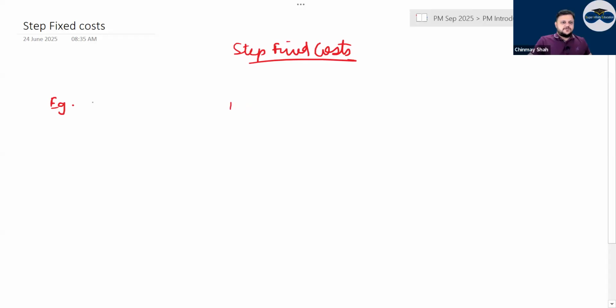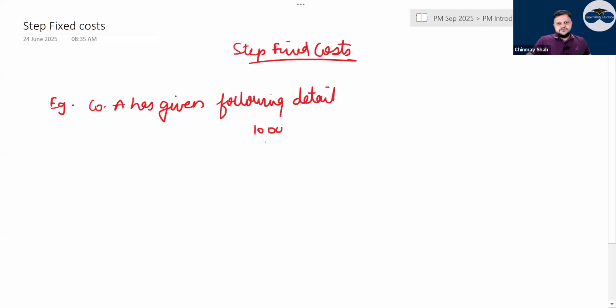Company A has given the following data, right? 10,000 units, 20,000 units.